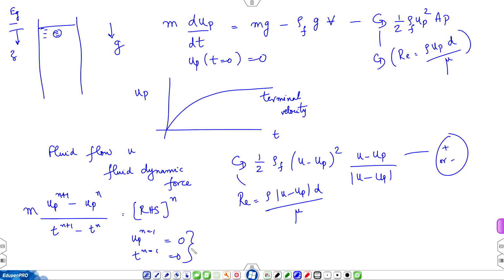If the whole thing happens in 1 minute, then 1 second would be an appropriate time step. Suppose you have a particle moving in air, which is a fluid. It will move and reach, let us say, terminal velocity in a matter of 5 seconds. Then you have to use a millisecond as your time interval. Suppose it is moving in water, it may take 3 minutes, let us say.